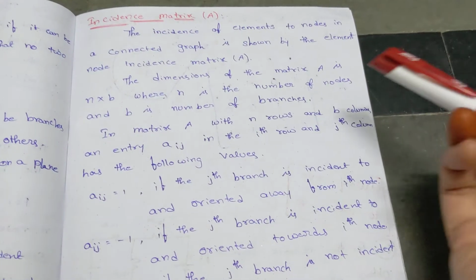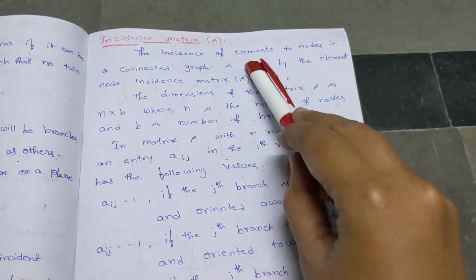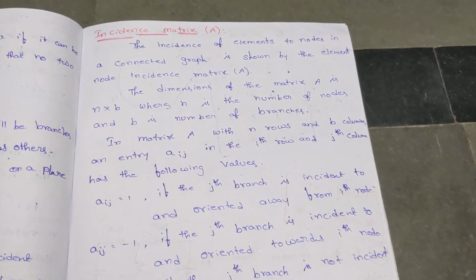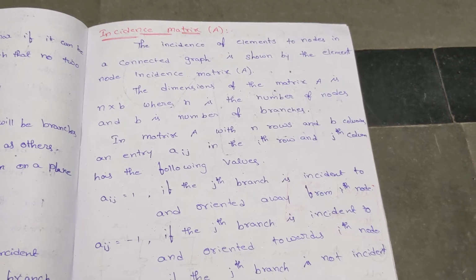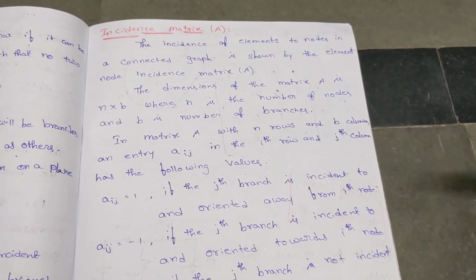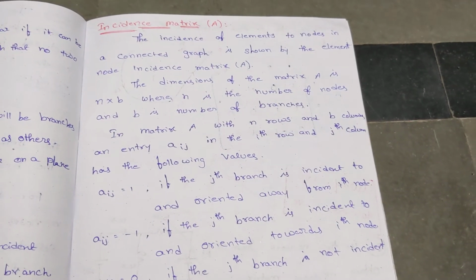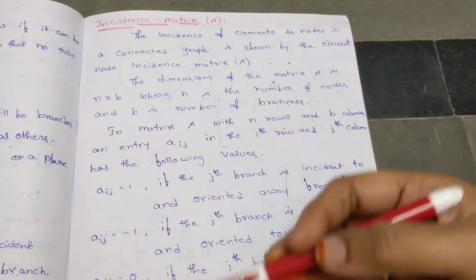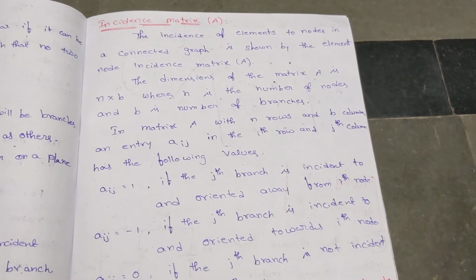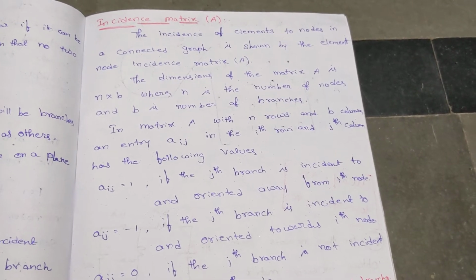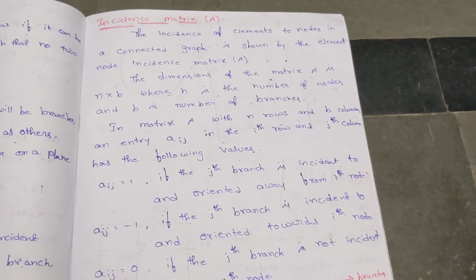In this incidence matrix, the elements are your branches and nodes. The availability of elements at the nodes in a connected graph, that means a complete graph, not an open tree, is shown by the element node incidence matrix, or simply the incidence matrix.